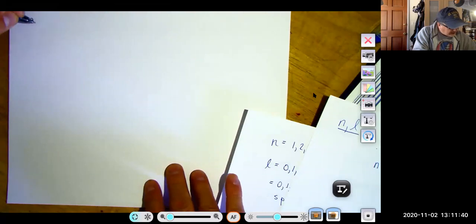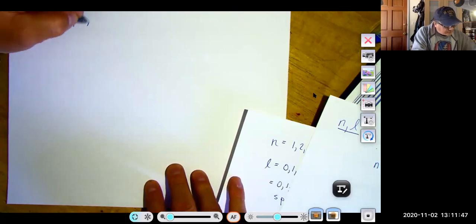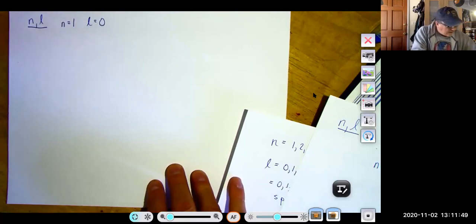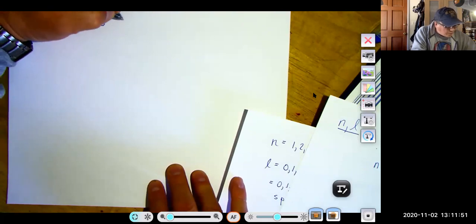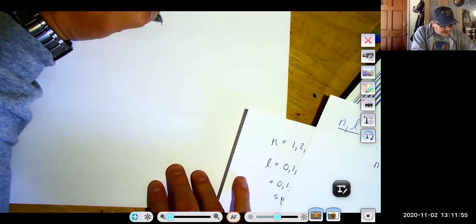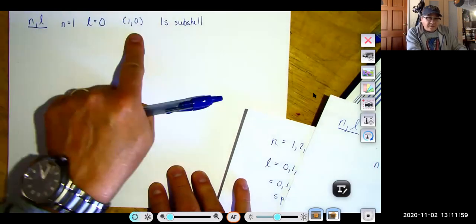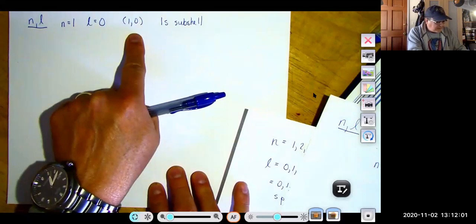So N comma L, let's have N equal 1, L can equal 0. And so we've got a 1, 0, which is a 1s subshell. So this is what I've added, 1, 0, NL.